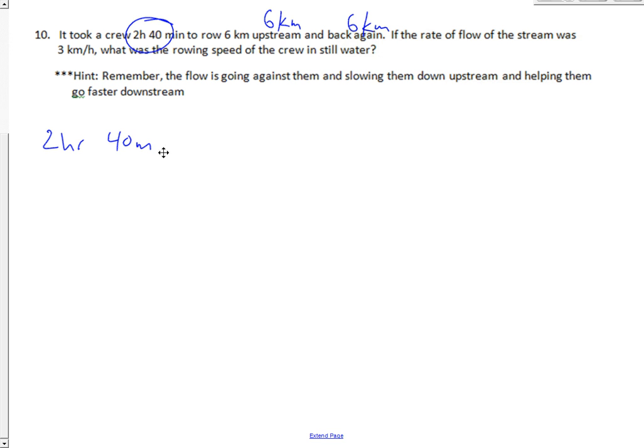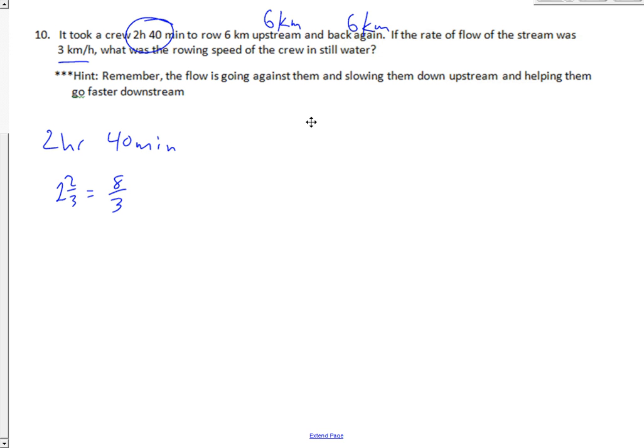We need to convert that to hours only because we're talking about rate here. The 3 kilometers per hour is for the stream, sorry. So we've got 2 hours and 40 minutes. That's 2 and 2/3 hours, which is 8/3. So now that is in hours, 8/3.